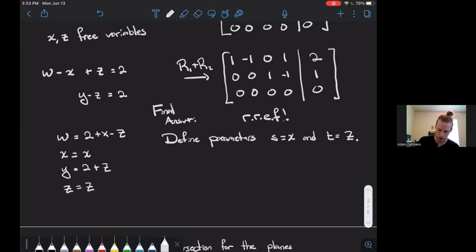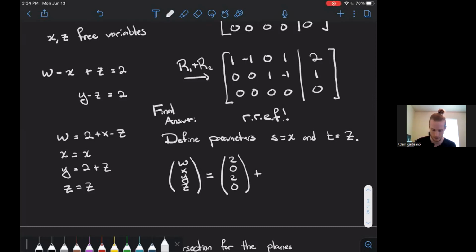And so, in other words, what we can do as our final answer is we can write w, x, y, z. A solution to this system of linear equations can be written as just the same as what we had before. So the constant vector 2, 0, 2, 0 plus, we're going to have a vector containing s's.